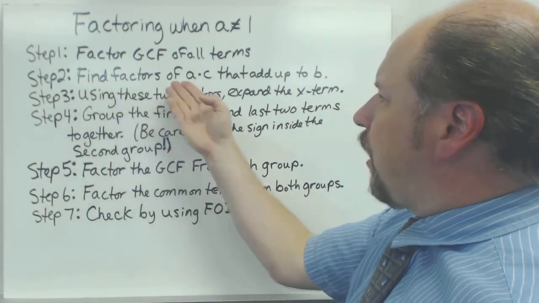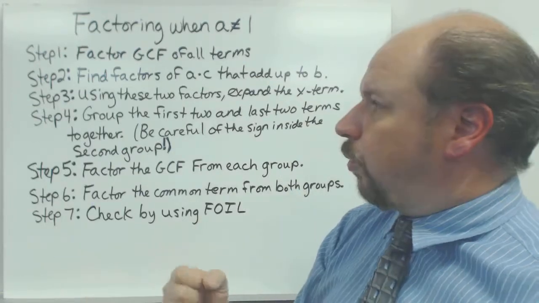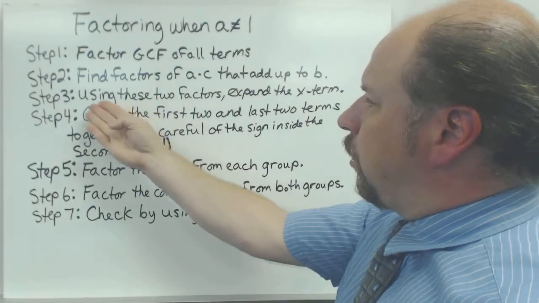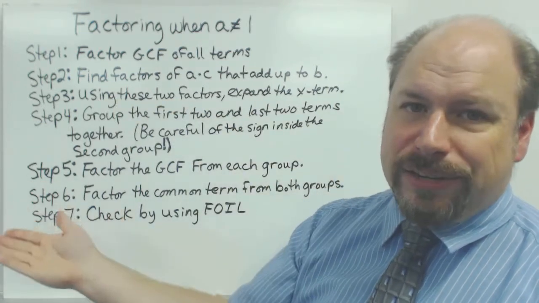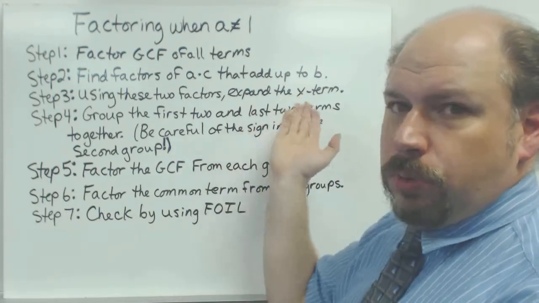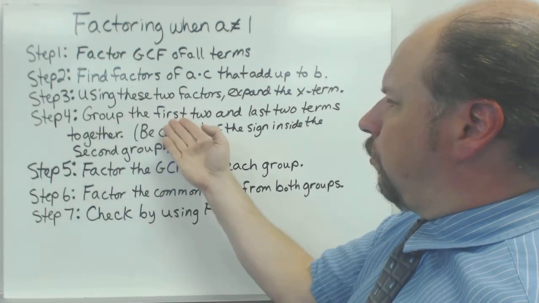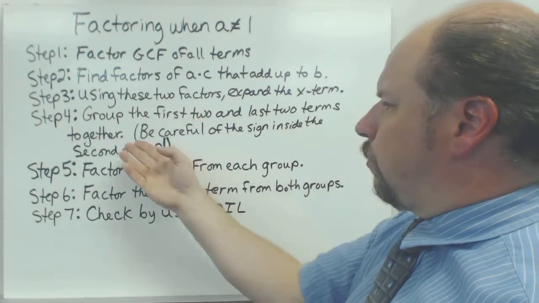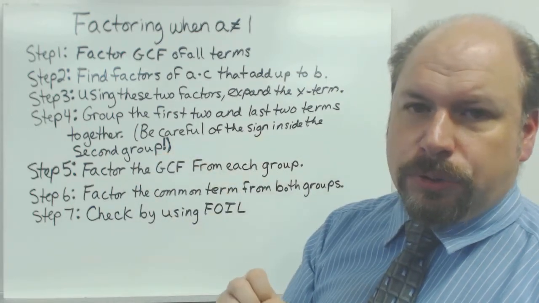Okay, step 2, find factors of a times c that add up to b. So that's just like we did before, nothing new there. Step 3, using these two factors, expand the x term. So I did do an example of that earlier where I expanded the x term. We'll do a couple more like that here in just a second. Step 4, group the first two and last two terms together. And again, be careful of the sign inside that second group.